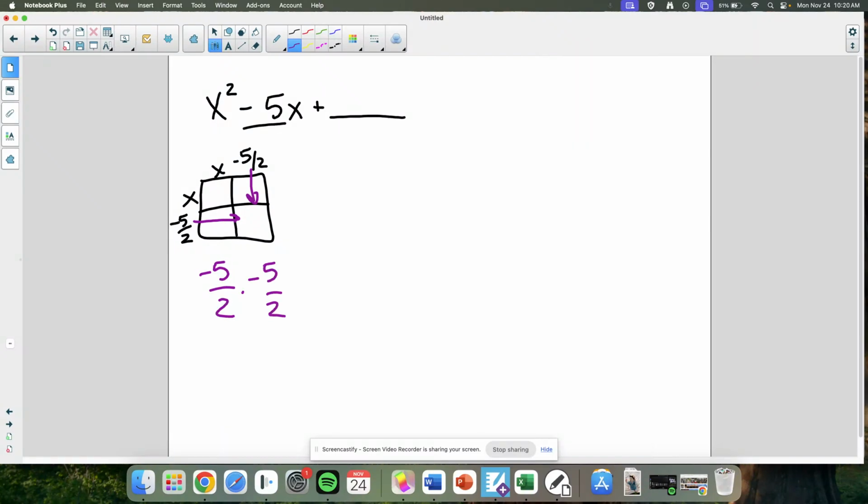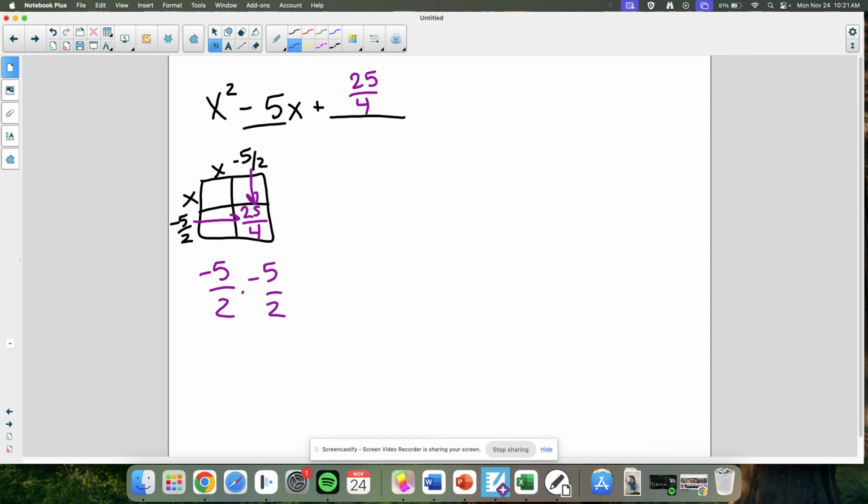negative 5 halves, how do we multiply fractions? Straight across. What's negative 5 times a negative 5? What's 2 times 2? 4. So what number do we need to add on the end of this expression? 25 fourths. Because fractions, you just multiply the top, multiply the bottom. Now, even though these are really goofy numbers, your factoring is done for you.